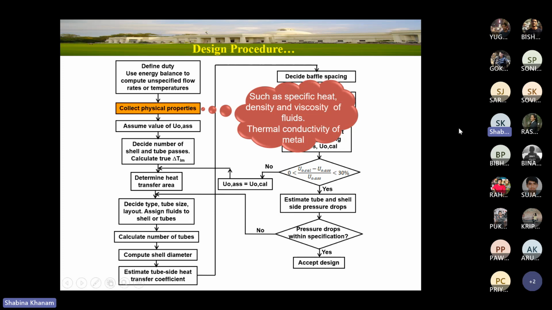With that assumed specific heat, you make the energy balance, MCp dT of one will be MCp dT of another, and from that you will calculate the unknown temperature of the fluid. I hope you are able to understand.